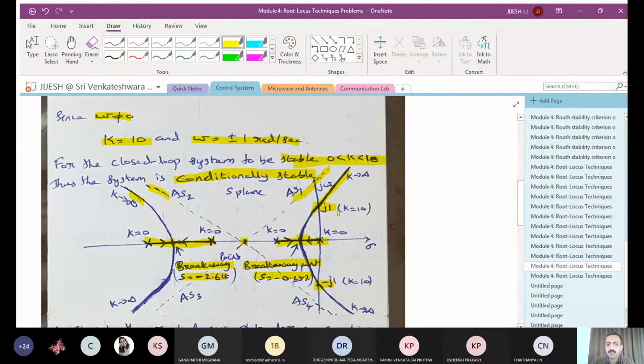These 2 points you can mark, that is at k is equal to 10. So mark those points, mark the breakaway points, and draw the root locus freehand, which is going parallel to the asymptotes. Like you can see it going parallel to asymptote 1, and also parallel to asymptote 2, 3, 4. So mark the breakaway points, and you will get the root locus in this form.